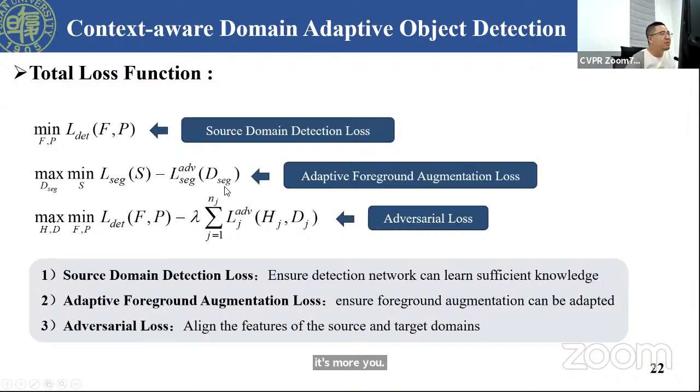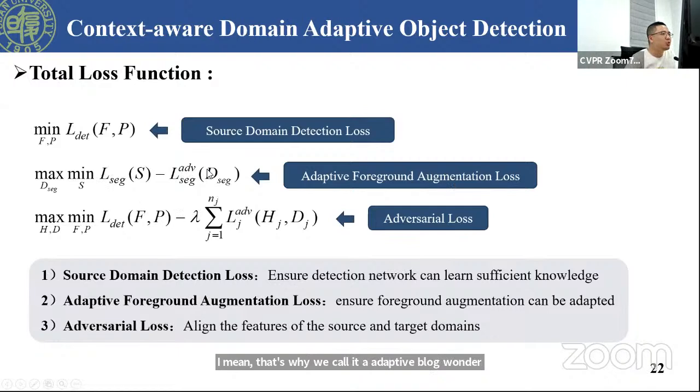And for the loss function, we use three loss functions to do this task. The first one is the source domain detection loss, and this one is a common loss in most domain adaptation works. The second one, we call it adaptive foreground augmentation loss.